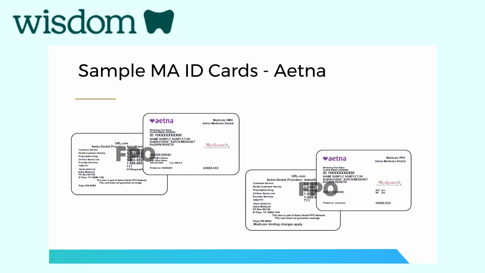This is the sample Aetna Medicare Advantage card. One of the things I hear is, how do I know the difference? So we already learned if the patient only has original Medicare and or a Medigap card, we looked at some sample cards for that.